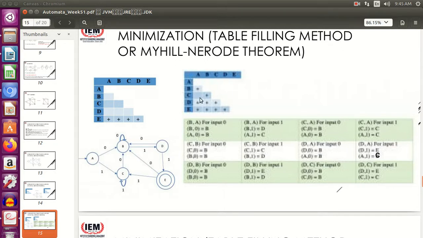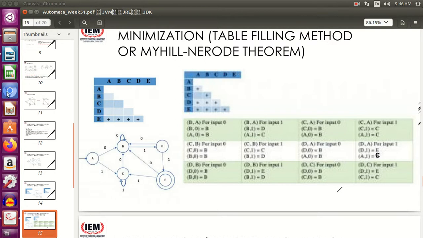Next we can check AB. AB on getting a 1, that is B on getting a 1, goes to D, and D has already been marked. So AB is also going to get marked. I repeat, for the pair AB, the B portion on getting a 1 goes to D, which has already been marked in the lower section.